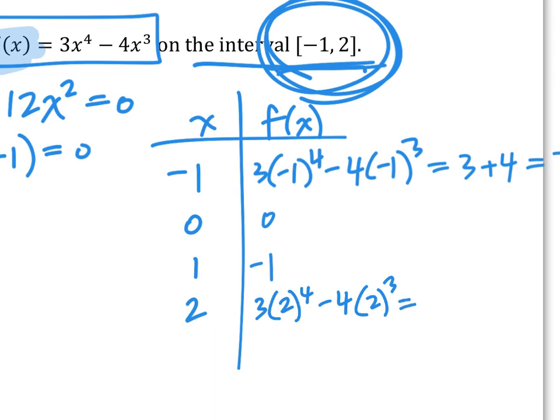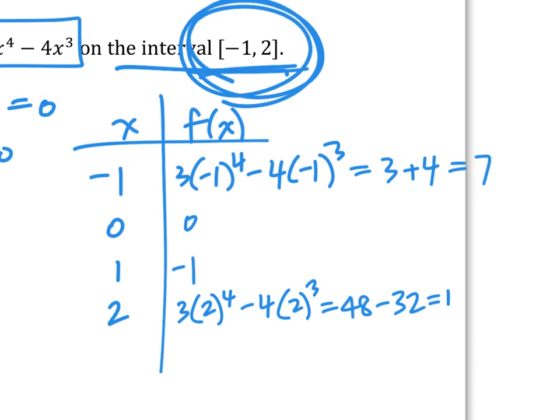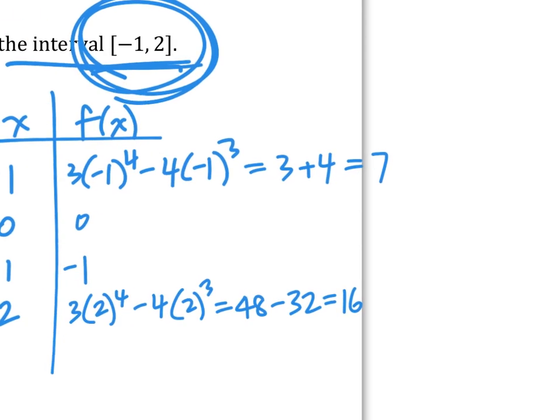So that is 3 times 16, 3 times 16 is 48. Minus 4 times 8. 4 times 8 is 32. So this is 16. So it's very easy. All you're going to do now is look for the highest number and lowest number. This is absolute max. This one is absolute min.